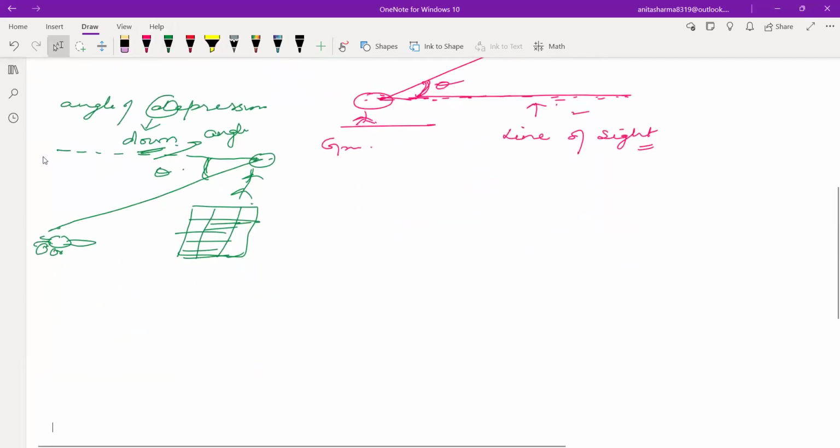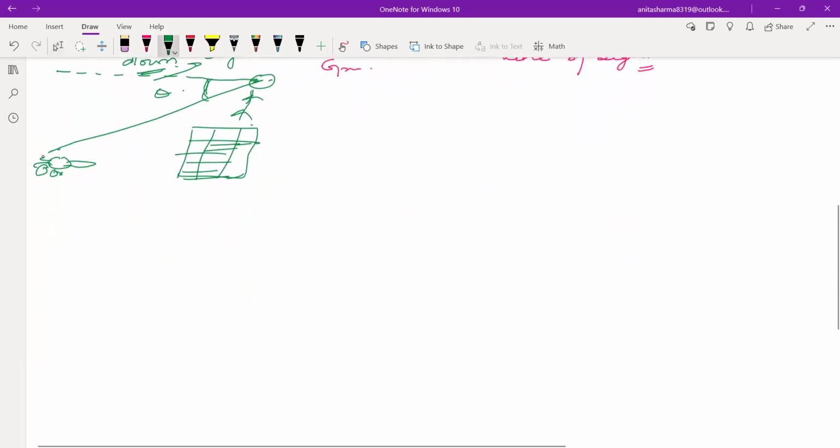So see here, it will be more clear by taking an example. I'm taking an example. Suppose a tower is 100 root 3 meter high.